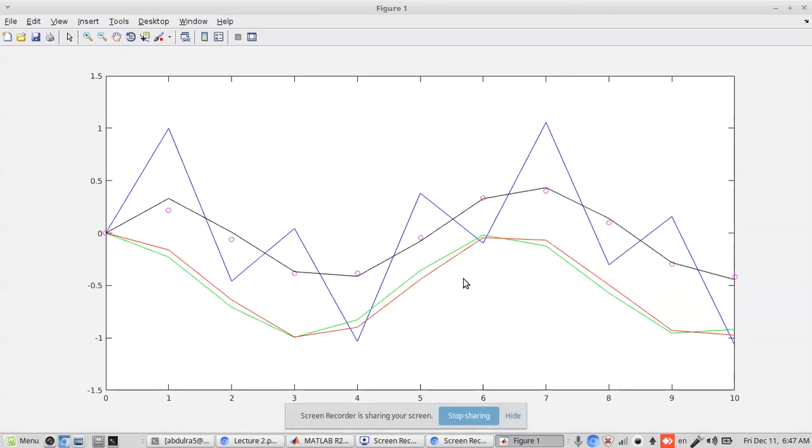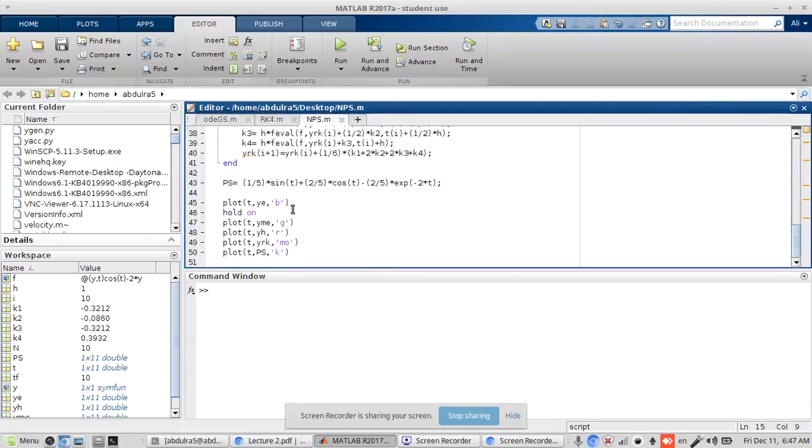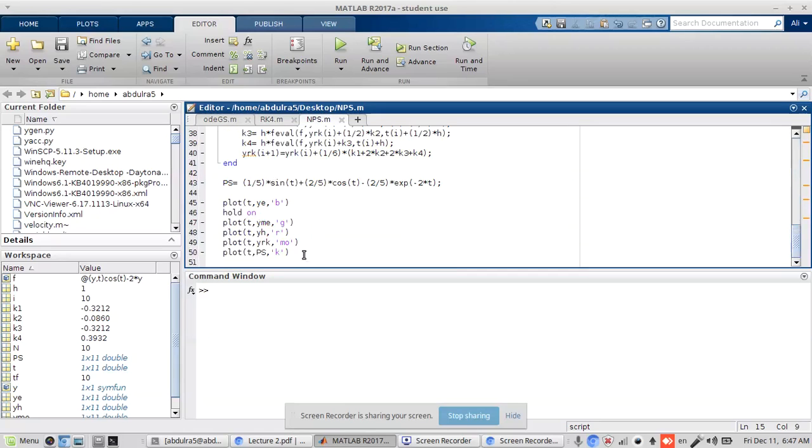But still Runge-Kutta is better than others. Okay? And so at the end of this video, I'm also going to use some ready packages in Matlab which can be used in order to get the numerical solution for any ODE.